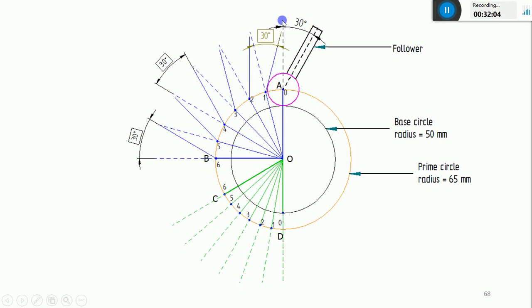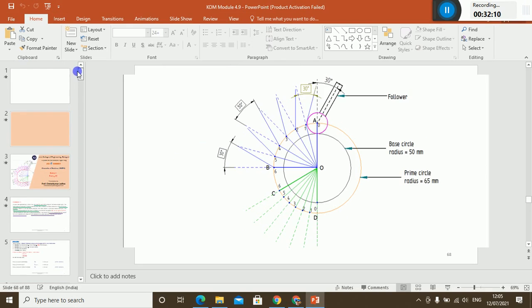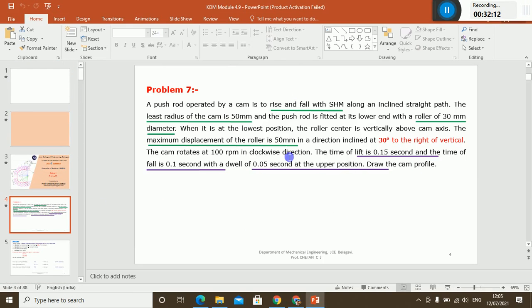It is given in the question, in the problem. If you want, I'll show this. You can see the displacement of the follower is 50 mm in a direction inclined at 30 degrees to the right of vertical. It is given. If it is not mentioned, you just follow the same method similar to the other problems. Okay, sir. Okay.